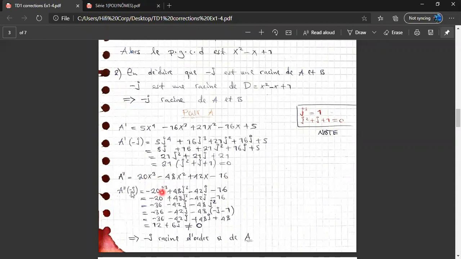The negative will go with the j, so it will just be negative 20j to the power 3, plus here even, so the negative will go. So what are we going to have? Plus 48j squared. Here we put negative j, so negative 42j, and here minus 16.